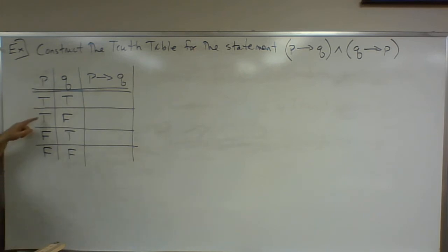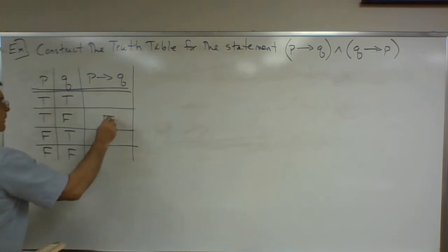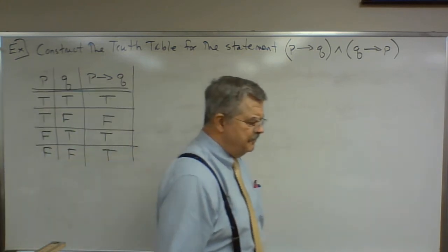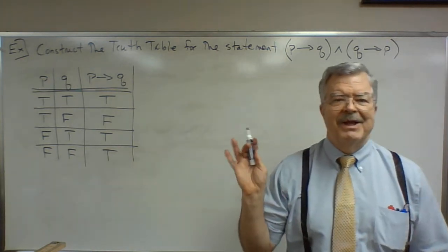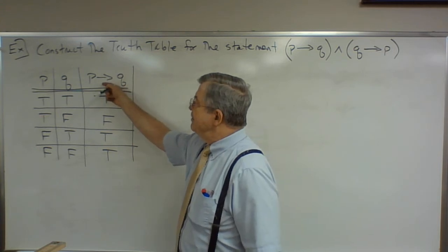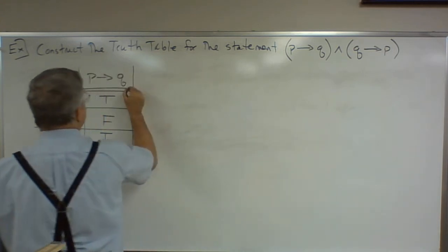Here's P true implying Q false. This is going to be false. And we know that all of the other cases are true. So without even thinking, I just put a T in those other cells. I just love it when I don't have to think. So that takes care of the statement P implies Q.